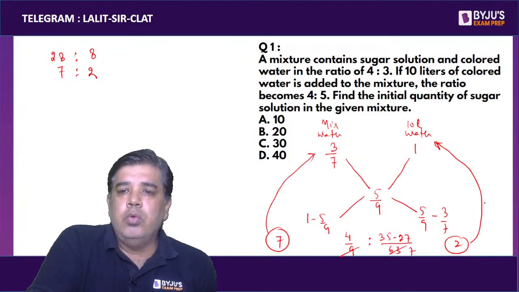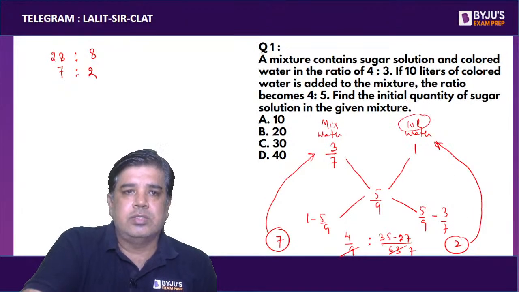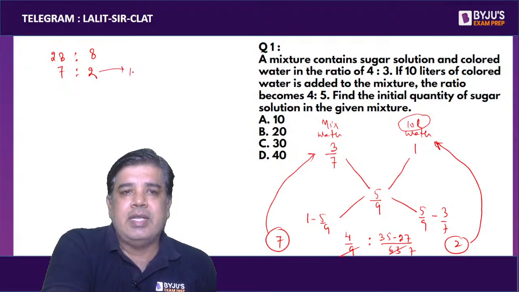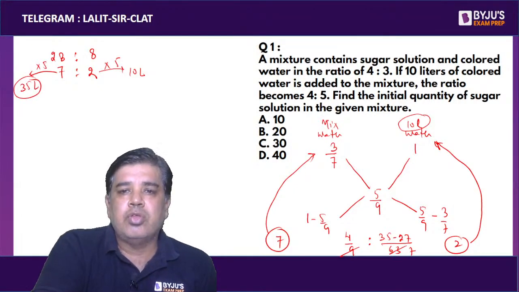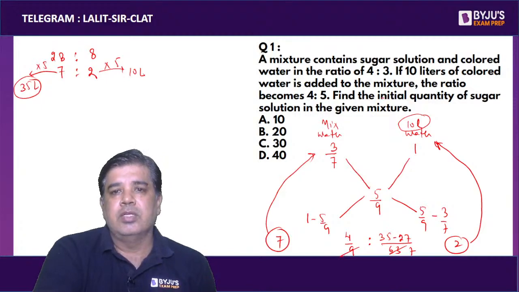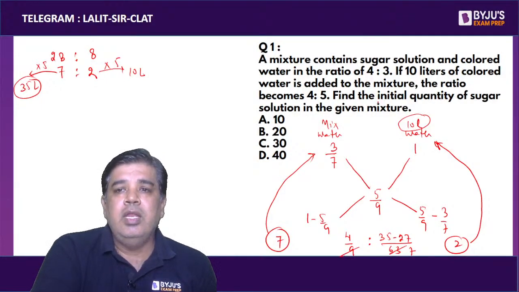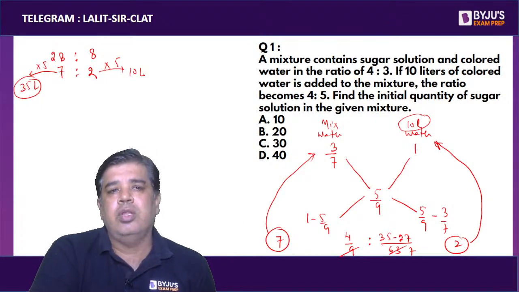Now these 2 parts are 10 liters. This 2 part is 10 liters, means into 5, so this 5 parts will be 35 liters. It means this mixture was 35 liters. The question is the initial quantity of sugar solution in the mixture.